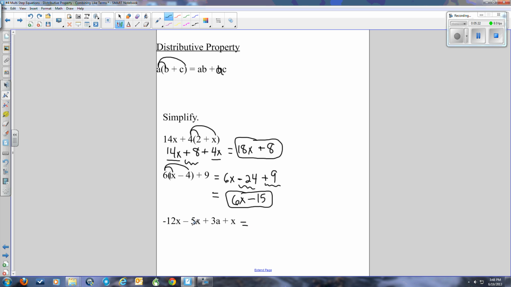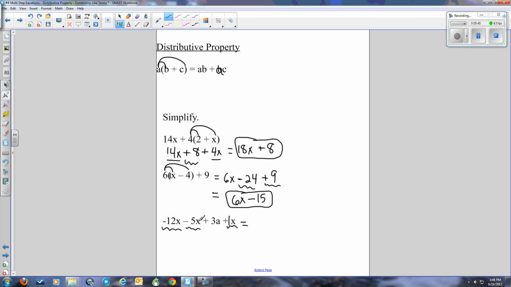With this next expression, negative 12x minus 5x plus 3a plus x, our like terms are negative 12x, negative 5x, and this positive x. You can put a 1 in front of it if you want. And so we can combine all of those. So basically we're saying negative 12 minus 5 plus 1.